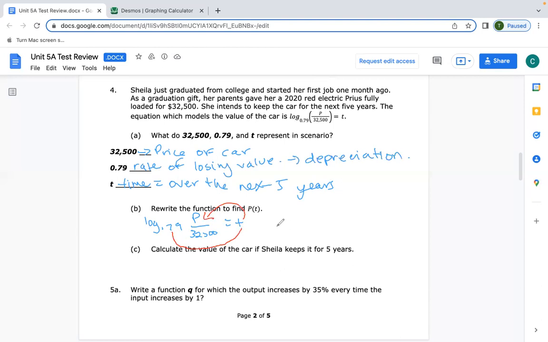So what I mean by that is take your base, raise it to what you have out here, and then set it equal to p divided by 32,500. Now remember, my goal is to get p by itself. So what am I going to multiply by on both sides? 32,500, right?